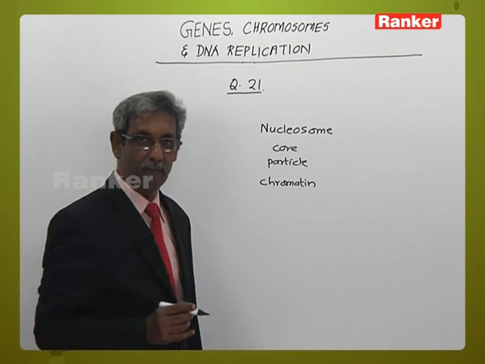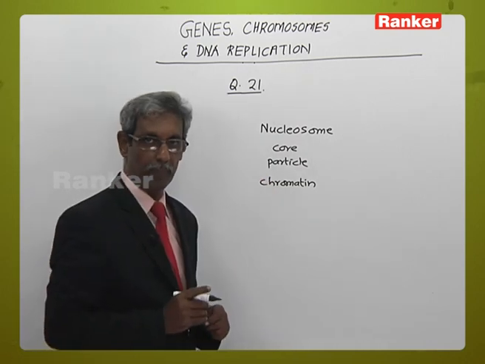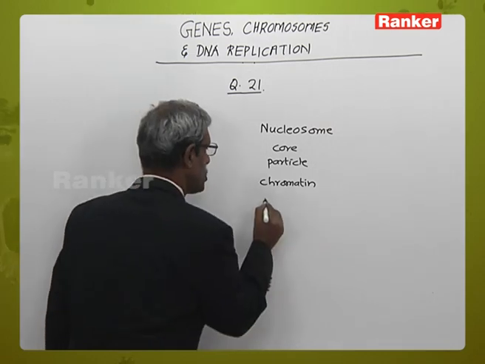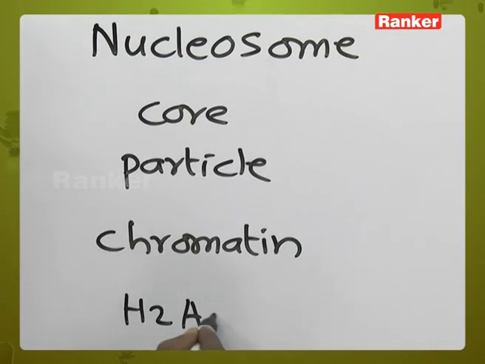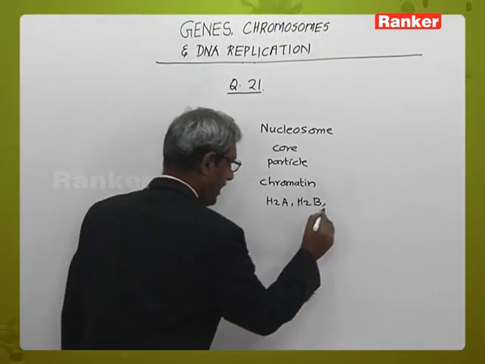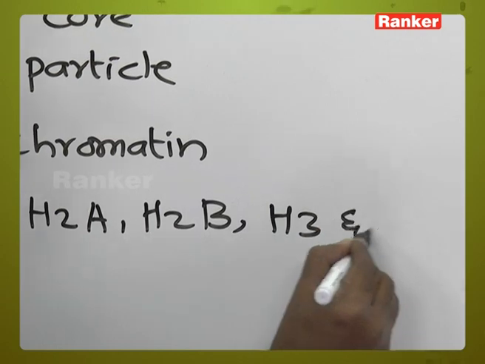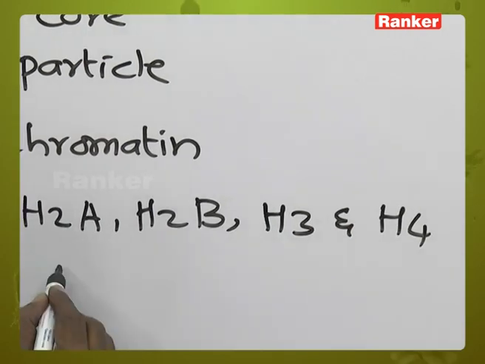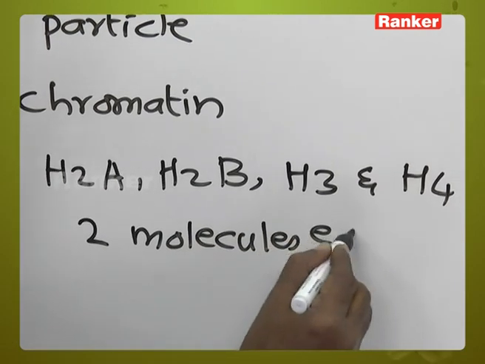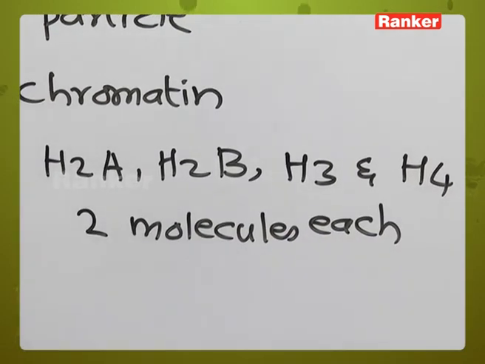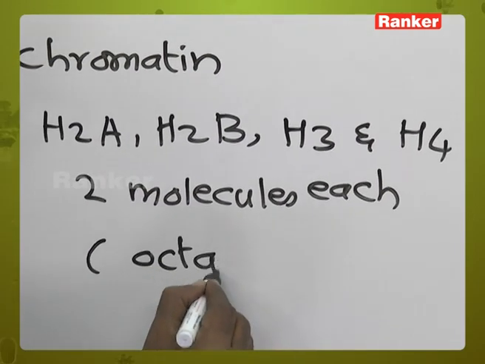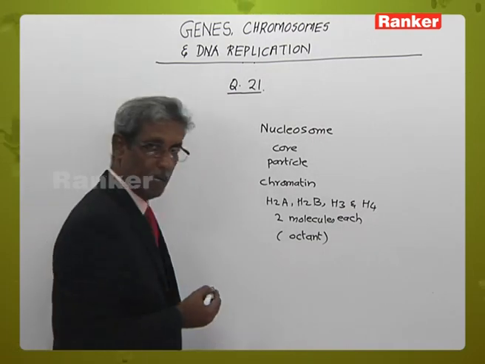The chromatin material of the DNA is organized into a nucleosome, and the nucleosome predominantly is made up of H2A, H2B, H3 and H4. Again, it is made up of 2 molecules each of the above. So, you have 4 molecules into 2, which goes to form an octamer, 8 molecules.